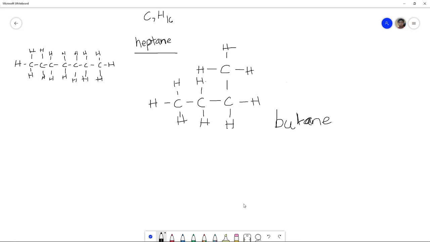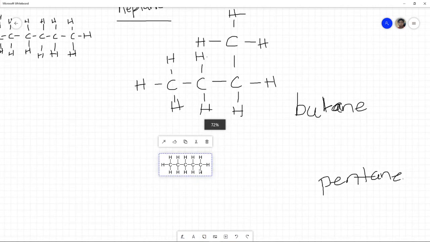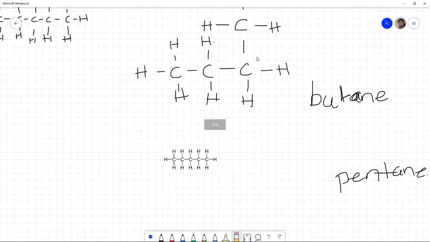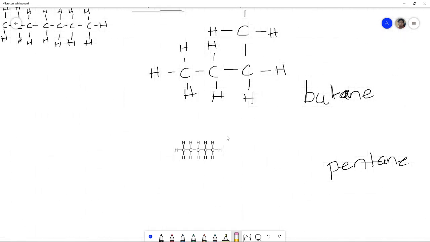So let's say we have pentane. Now let me pull up a diagram of pentane. So we have our picture. Notice how even though we had a branch chain at one of the ending carbons, it still was butane because it was a continuous stream.